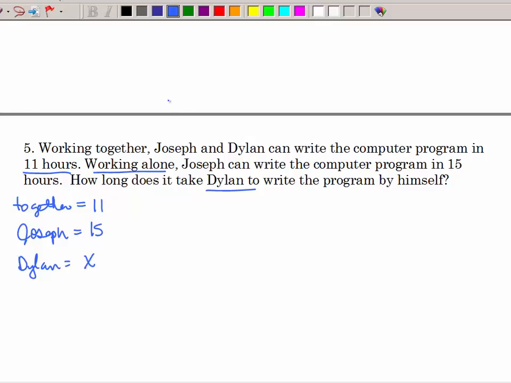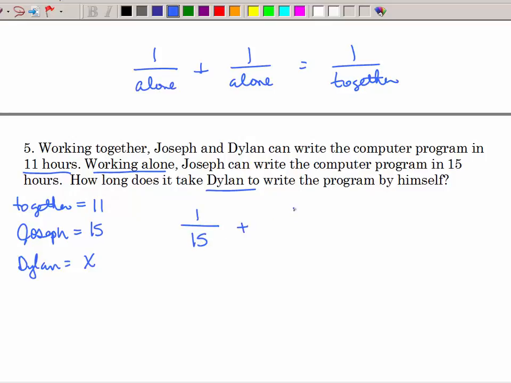So remember, 1 over time alone plus 1 over time alone equals 1 over time together. That's our formula. So we have 1 over 15 plus 1 over x, those are alone times, equals 1 over 11.